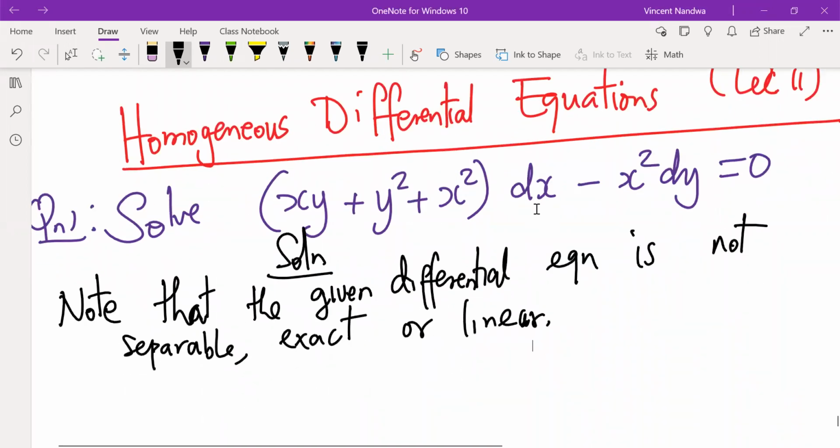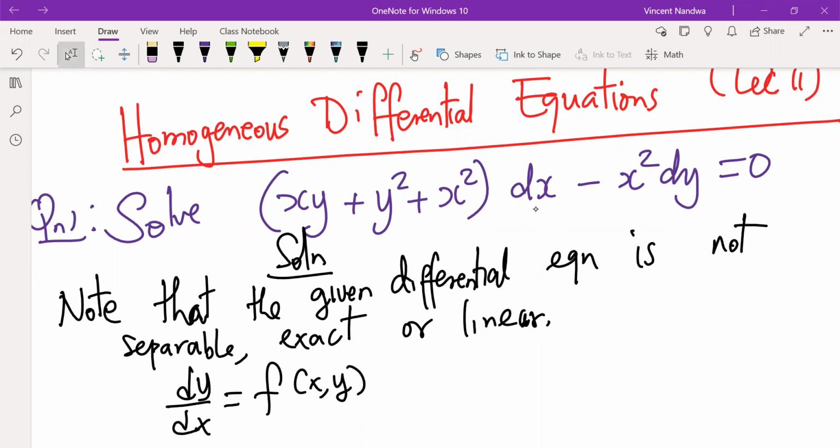So let's try to write it in the form dy/dx and see how the function will look.